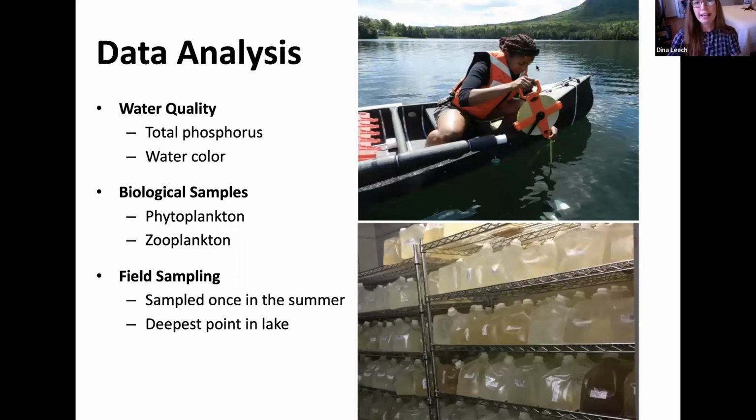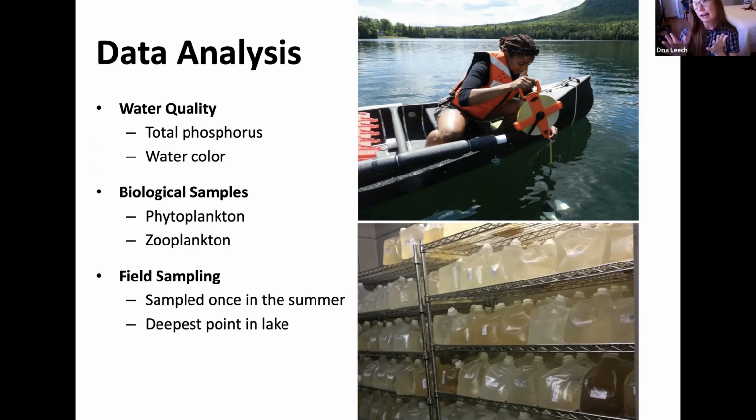So the NLA, again, is a great resource because it has both phosphorus and water color data, or dissolved organic matter data. In addition to having those two factors, researchers, when they go out and sample, also collect data on the algae or phytoplankton and zooplankton that are living in the system.